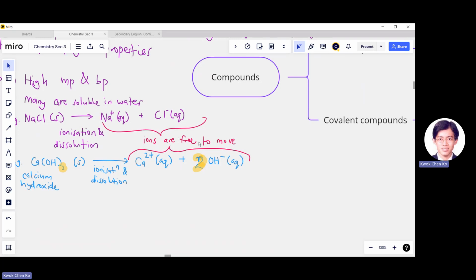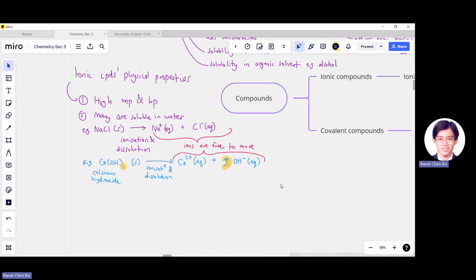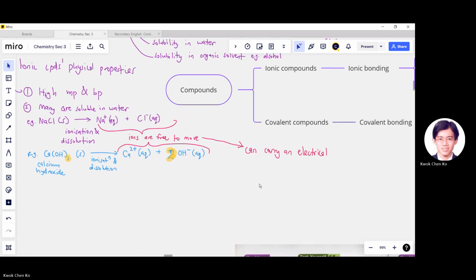The ions are free to move. And that means it will lead to my third physical property. It can carry an electrical current. Meaning they are electrically conductive.